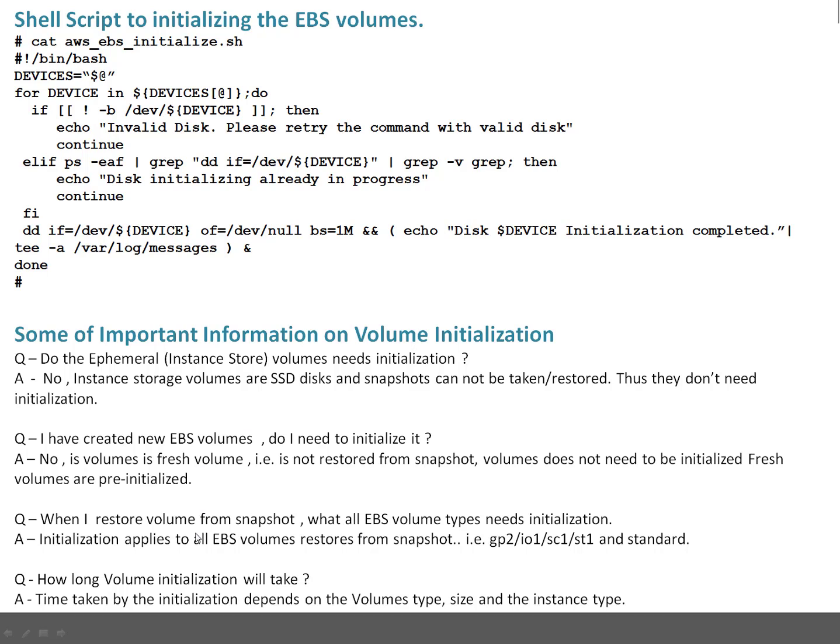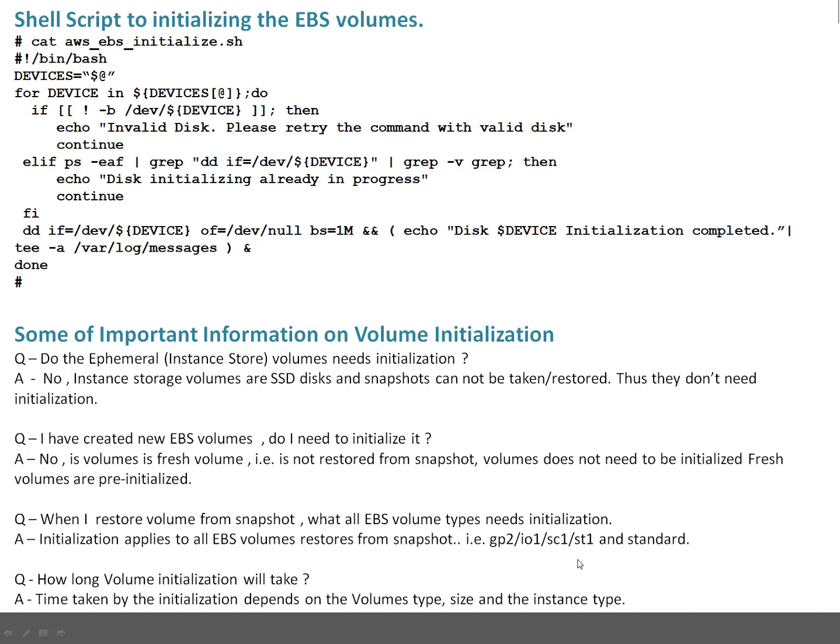When I restore a volume from snapshot, what all EBS volume types need initialization? Because that's again one question which is asked in many interviews. Initialization applies to all EBS volumes which are restored from snapshot. Volume type may be GP2, IO1, SC1, ST1 or standard. So it's applicable on all the volume types which got restored from snapshot.